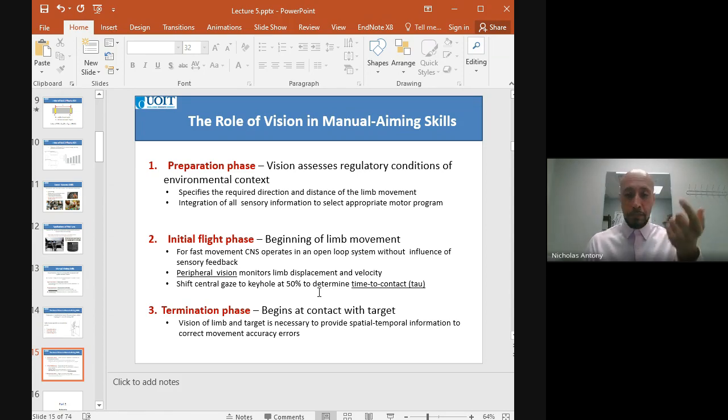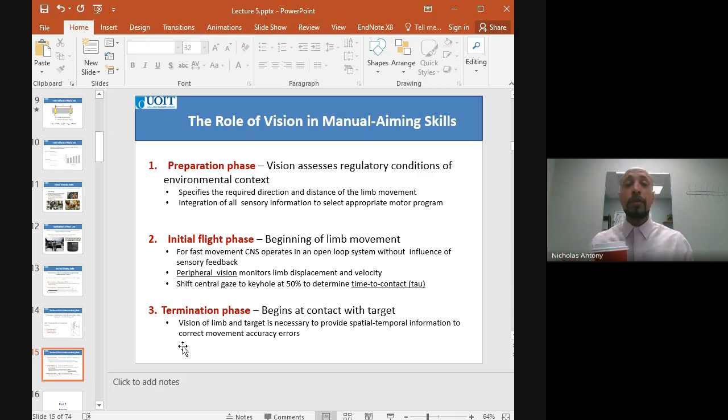We don't process our estimated time mathematically. It's a reaction based on the relative change of size of the image. And then at the termination phase of a reaching and pointing task, visualizing the target lets us know whether or not we are about to hit the target, and we can make minute adjustments.